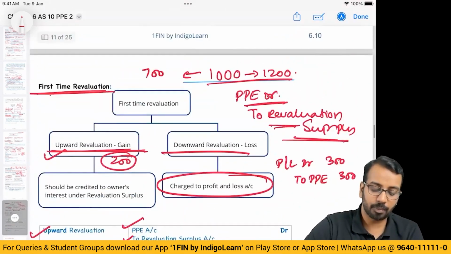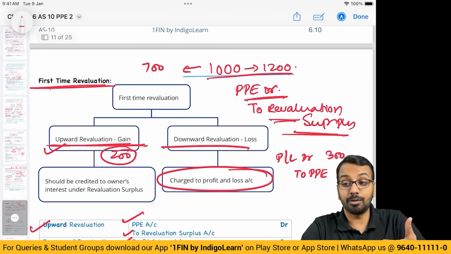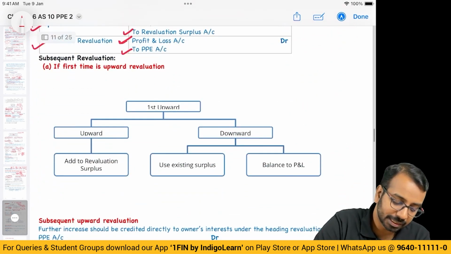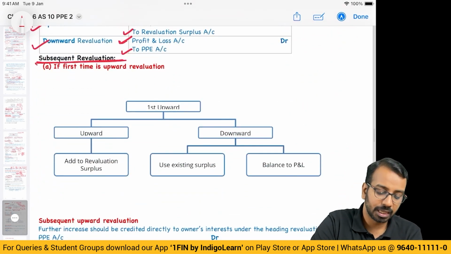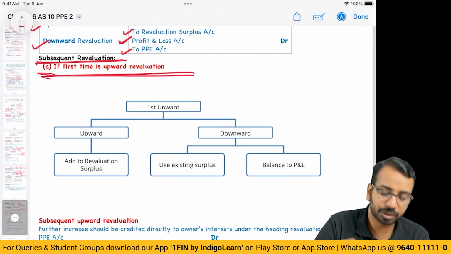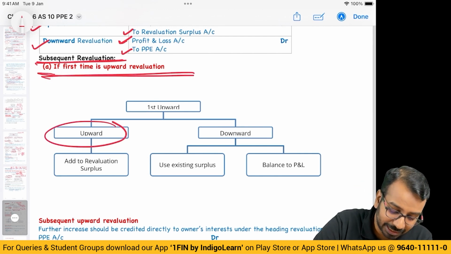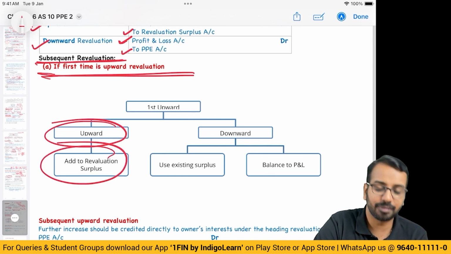Okay. So first time revaluation upward, credit to revaluation surplus; downward, debit to P&L. Then subsequent revaluation. If the first time was upward revaluation and again it is an upward revaluation, add to revaluation surplus.